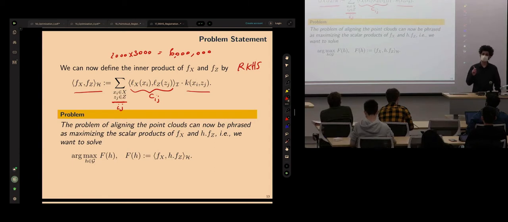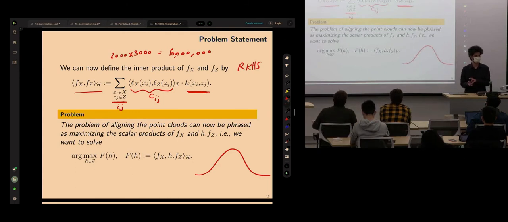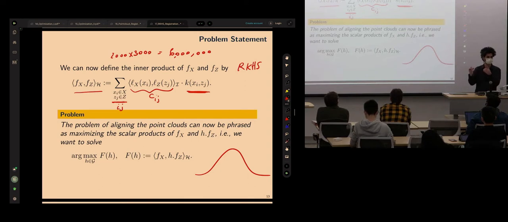However, this is a sparse double sum, because this kernel is only valid in a small neighborhood. There are only so many points in the second cloud that fall into the bandwidth, the shape of every kernel term.